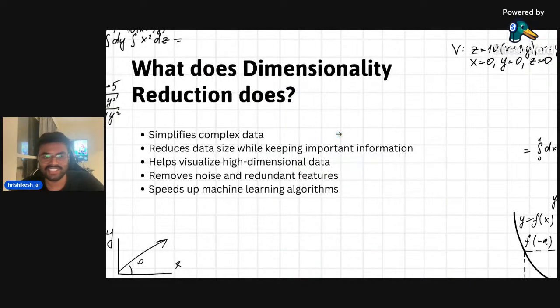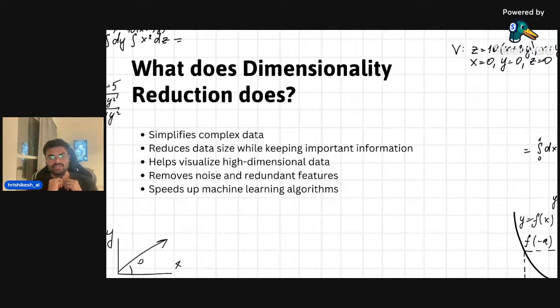Why dimensionality reduction? Because it simplifies complex data. The problem is retaining the information too. It also helps to visualize high dimensional data, as I told, like how you can visualize 4 dimensional or 10 dimensional data, you can't make a judgment on that, right? What's going on in that? So it works very well for that too, and it removes the noise and redundant features.